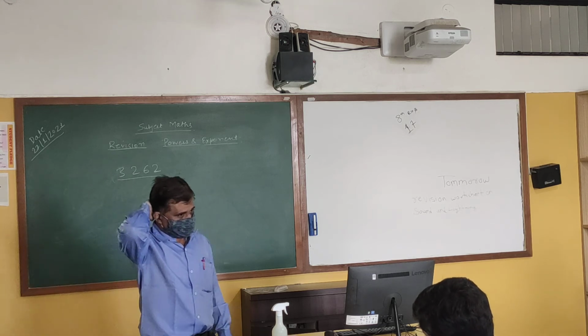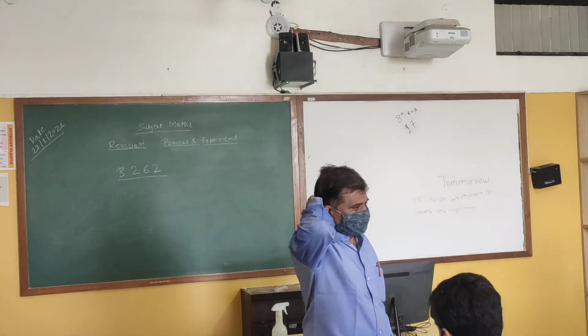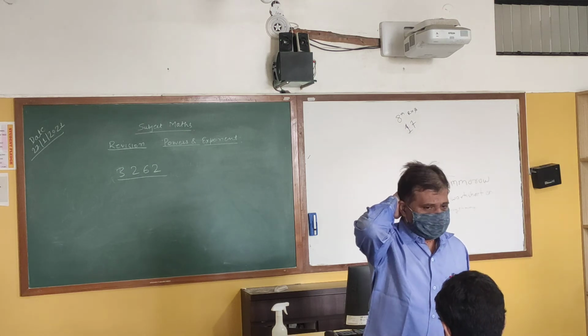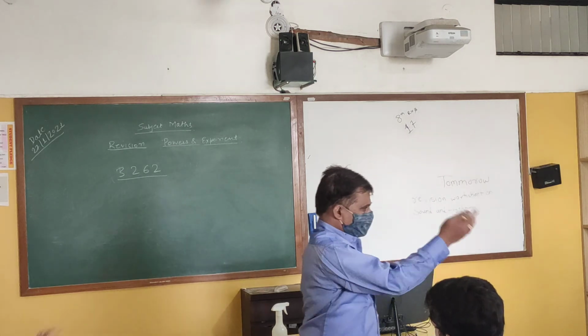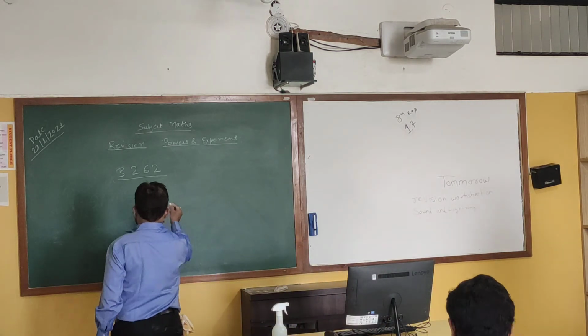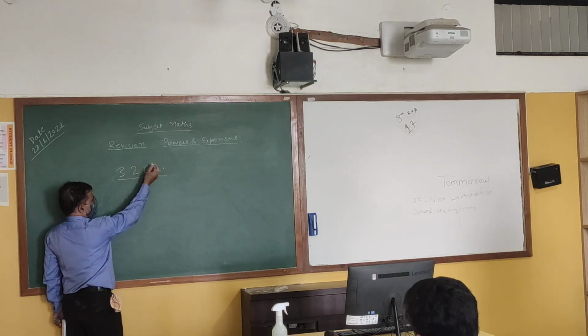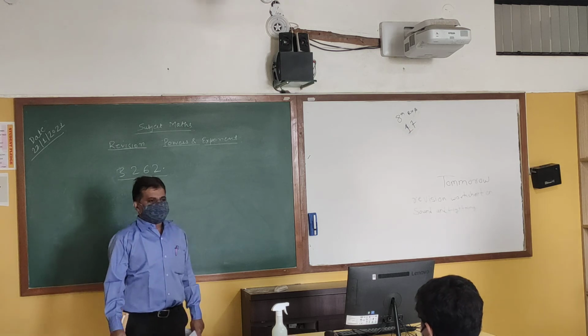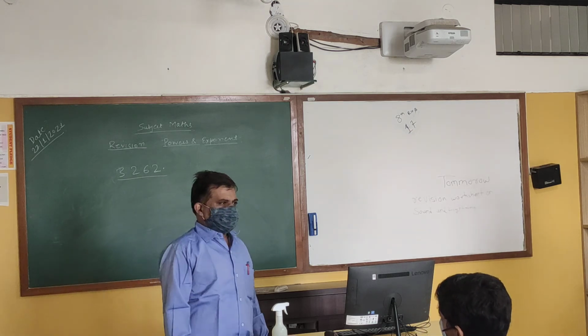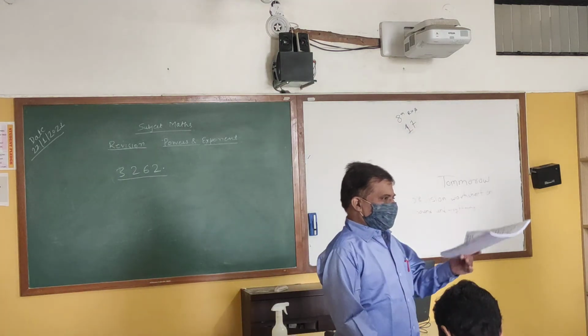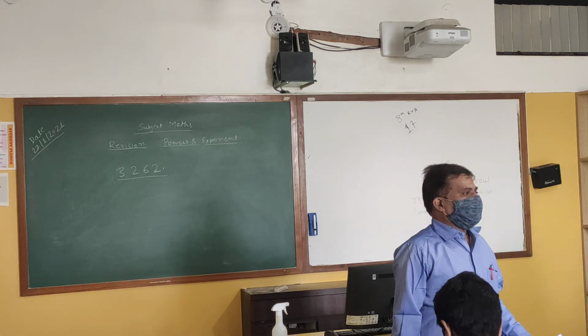How can I write it? Where is the decimal point right now? After this, here. I want to write it here. So how many places do I have to shift? 3 places. So what will I write in the multiplication?